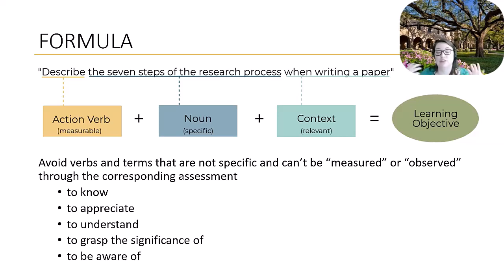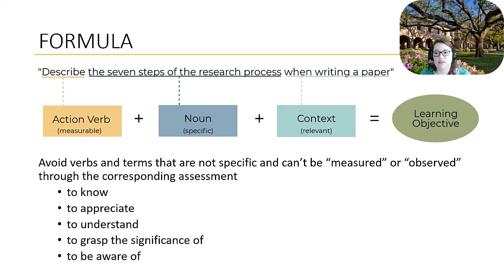What does the student have to do for me to know that they fully understand this concept? Verbs like comprehend and appreciate are sometimes called soft verbs. You want to think about how you're going to demonstrate that. How would students demonstrate their appreciation of something? What are they submitting to you as proof?